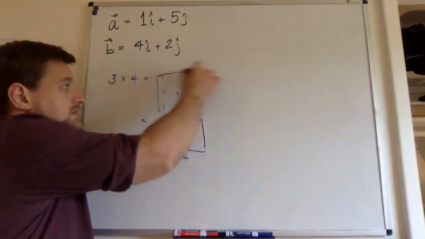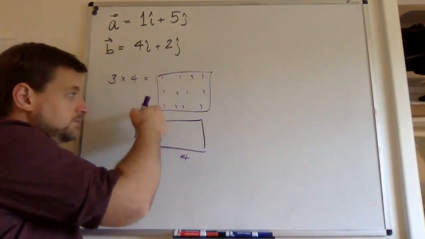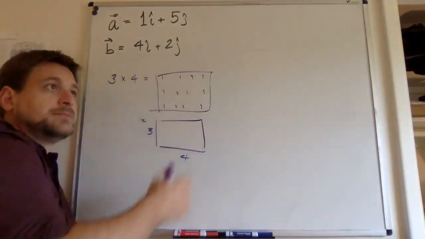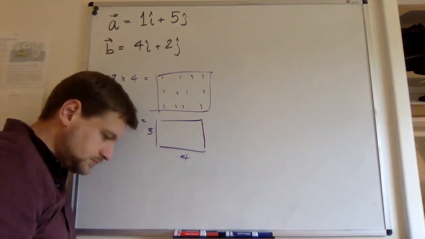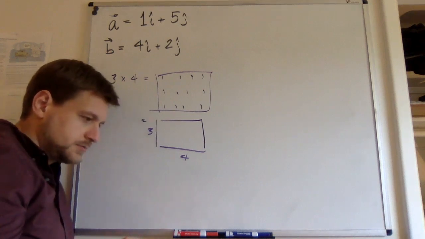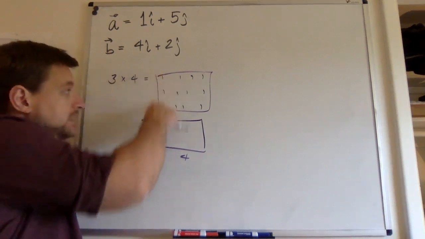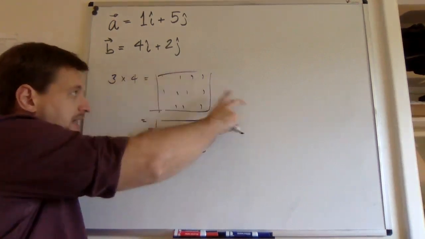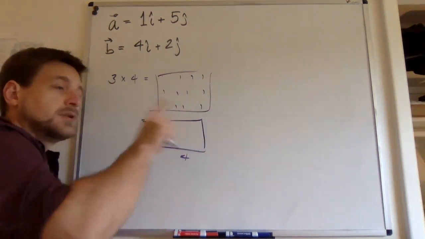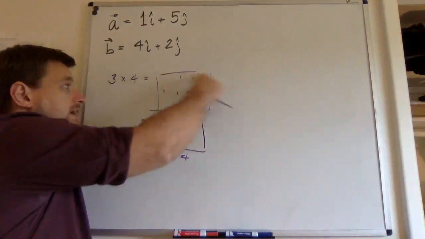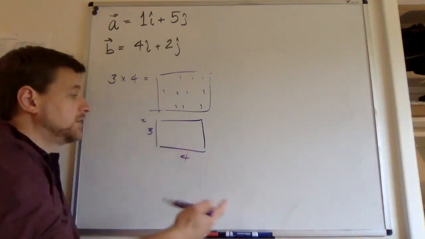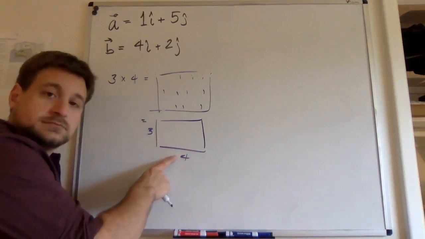That's this grid, 3 units this way and 4 units this way. 3 by 4 is 12. 3 and 4, oriented at right angles, spread out through the two-dimensional space, describe an area. And they describe an area according to their product.